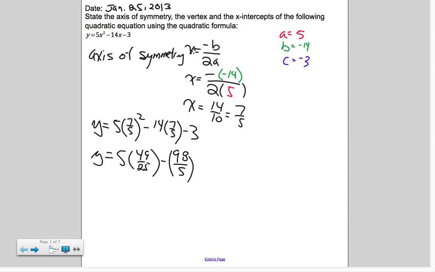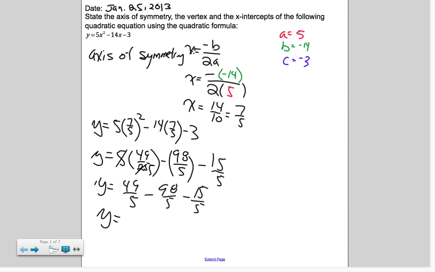So I realize I'm going to be dealing with fractions here. I'm going to convert the 3 into negative 15 over 5, right? Here I could reduce my 5's. So I just get 49 over 5 minus 98 over 5 minus 15 over 5.